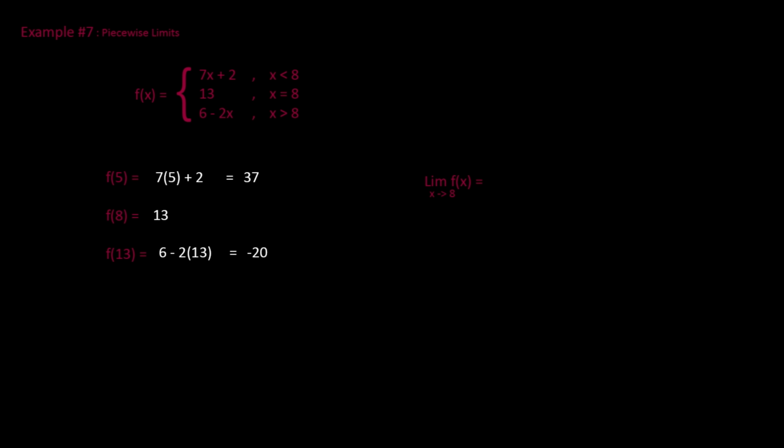We must break this limit into the left-hand and the right-hand limits. For x approaching 8 from the left, we plug x equals 8 into the left-hand function of 7x plus 2 and get 7 times 8 plus 2, which gives us 58.